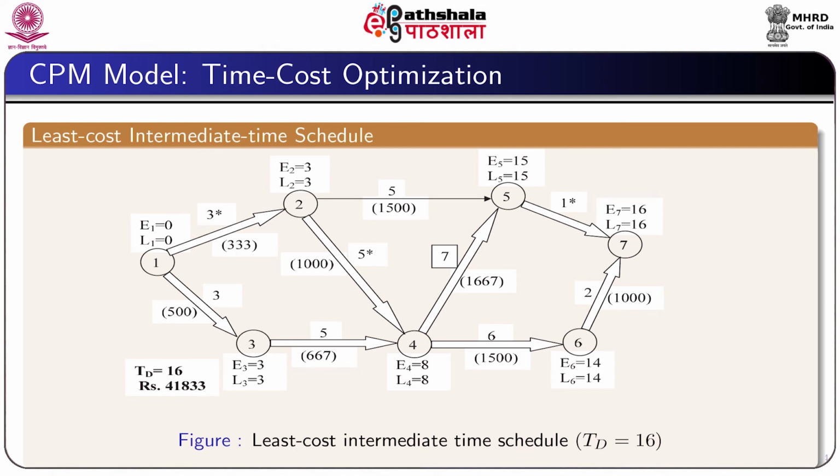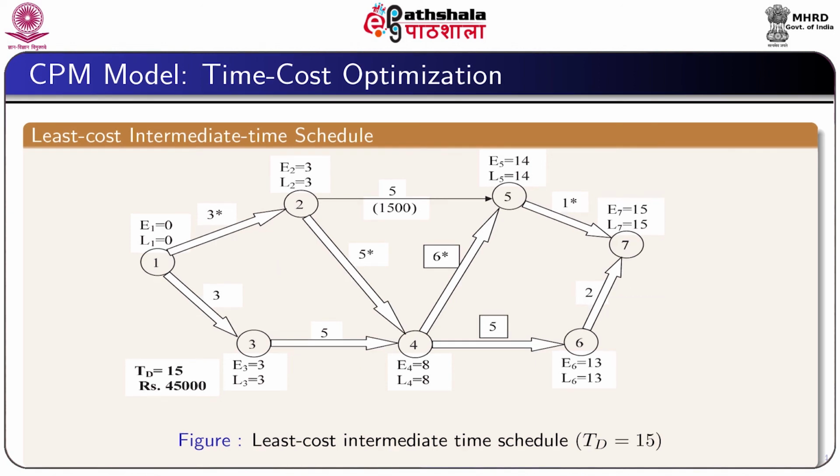Similarly, we can proceed to get the least cost intermediate time schedule of project duration 16 weeks, and then the total cost becomes 41,833. And finally, for the least cost intermediate time schedule having project duration 15 weeks, we get the total cost as 45,000.